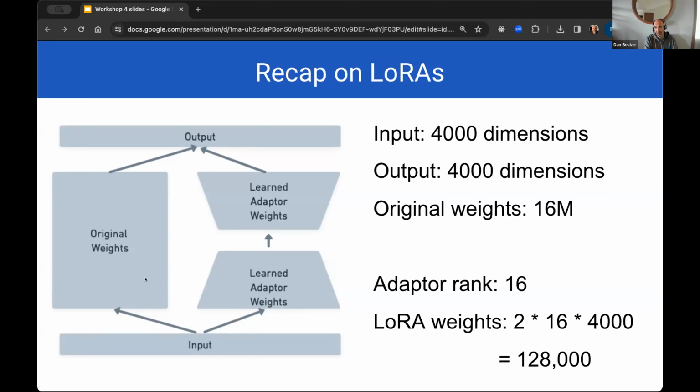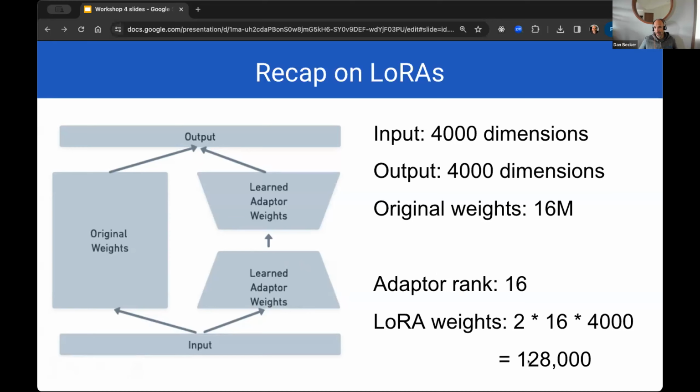If instead you are training with one of these low rank adapters, then you'll have one matrix that is 4,000 by some lower number. A potential adapter rank would be 16, so this lower one might be 4,000 by 16. The next one would be 16 by 4,000. If you have two of those, then you can do some arithmetic here.